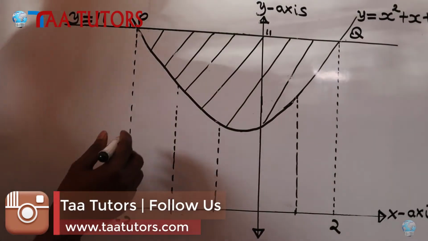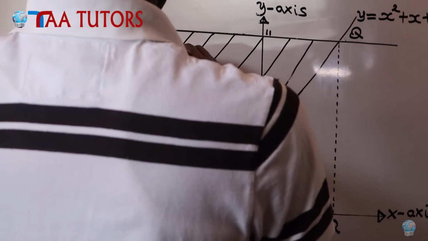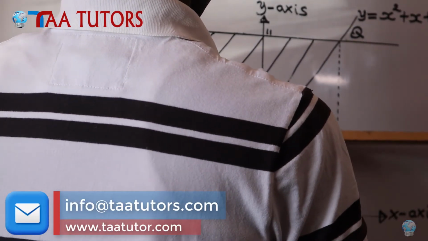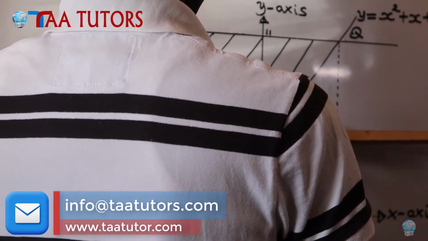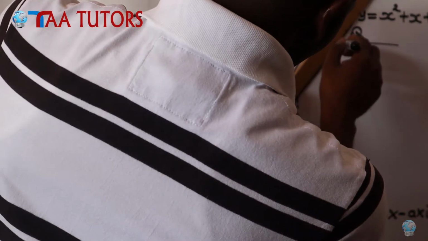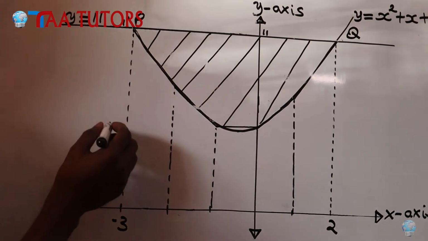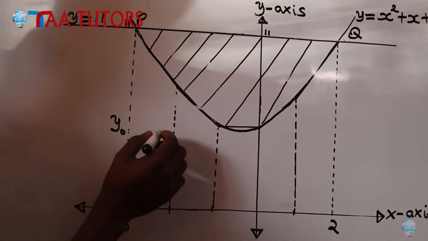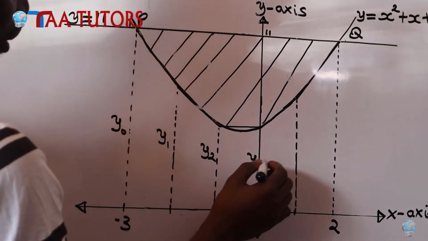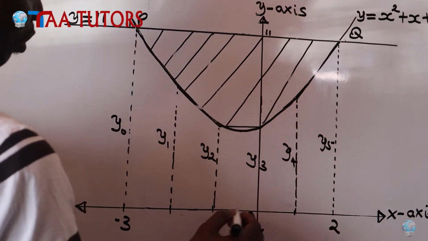If I connect this point here to make a trapezium out of it, it's going to be this way. So I'm trying to form the trapezia. In this case, we label them y0, y1, y2, y3, y4, y5.